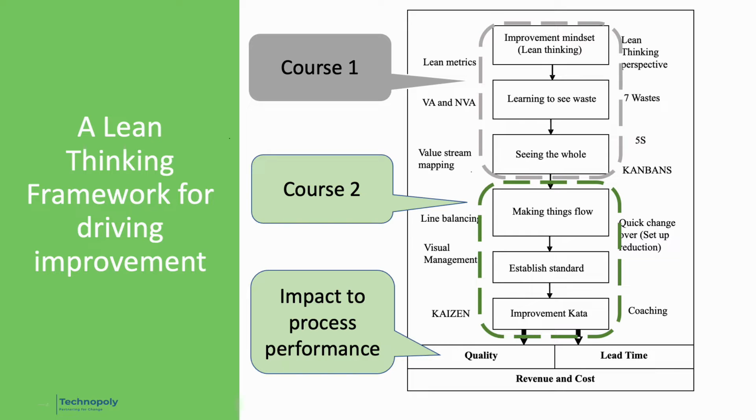Later, we talk about the importance of standardizing any improvement we make and that we continue to drive improvements as part of our discipline. All of this drives towards improving our process performance in the context of quality, time, and eventually in terms of our bottom line.